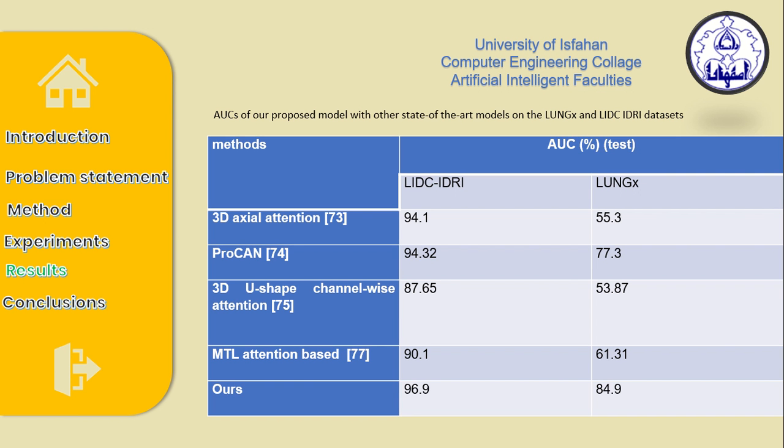We can see our model obtained 84.9 on the unseen LangX dataset. The second best one is Broken, proposed by Mr. Al-Shabi recently, also in 2022. These two methods are just baseline methods.